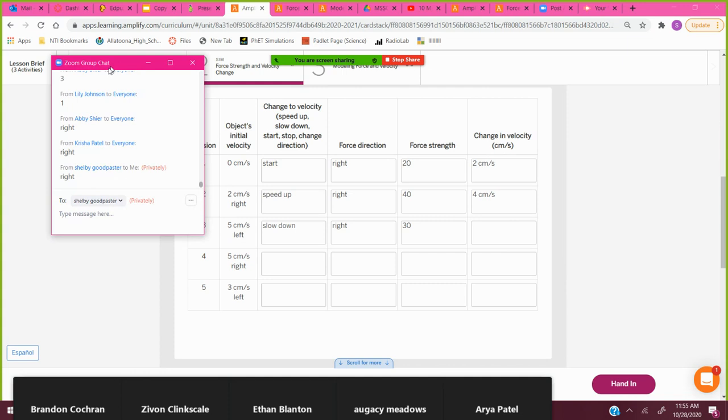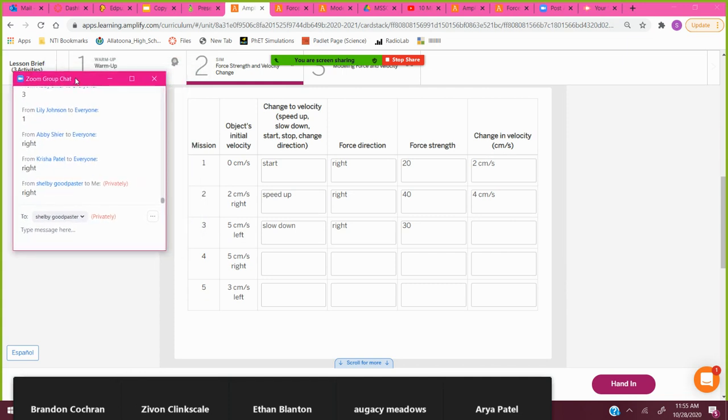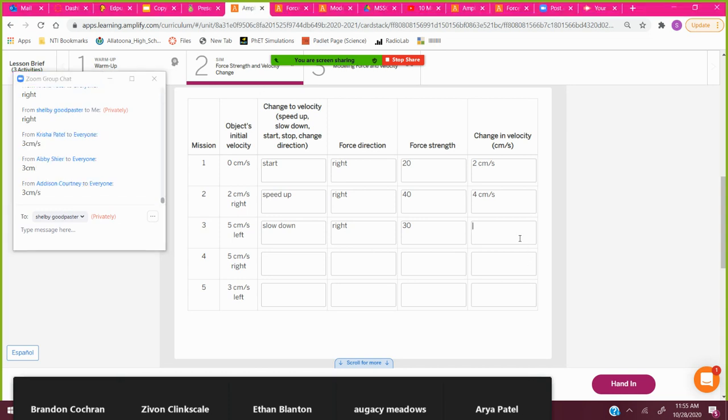Okay, if we went from 5 centimeters per second down to 2 centimeters per second, what was my change in velocity? All right, my change in velocity is going to be 3 centimeters per second.